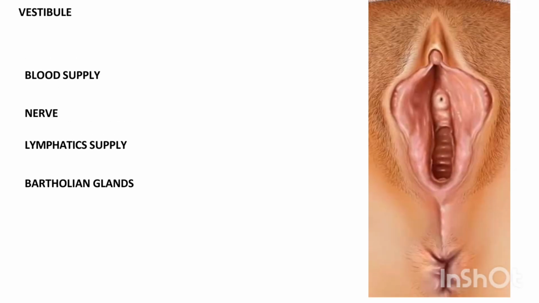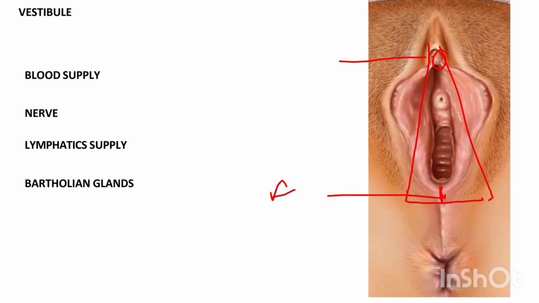Next is the vestibule. Vestibule is a triangular space present between the clitoris anteriorly and the fourchette posteriorly, which is the continuation of labia minora. This is anterior, this is posterior, and it forms a triangular space. In this triangular space, what openings are present?